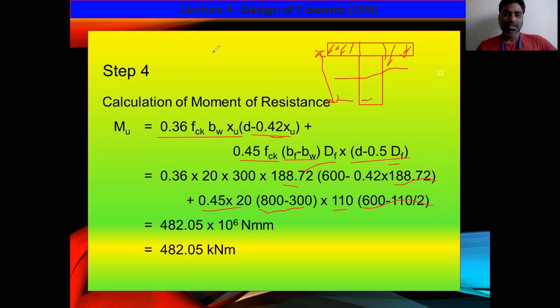If you solve this equation, you will get the moment of resistance of the given section. Here we got it as 482.05 into 10 power 6 Newton mm. So this will become 482.05 kilonewton meter. Right. So this is how you need to determine the moment of resistance of a given section.